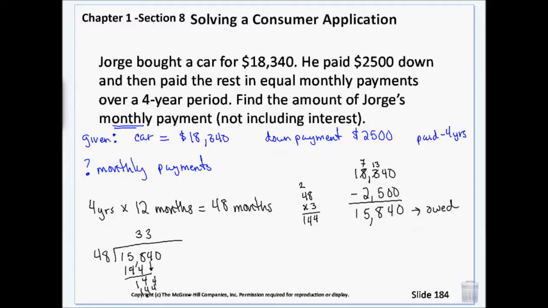Let me just erase that out of my way. So 144, bring down my 0, it goes into 0, 0 times. So my payments will be $330 a month.